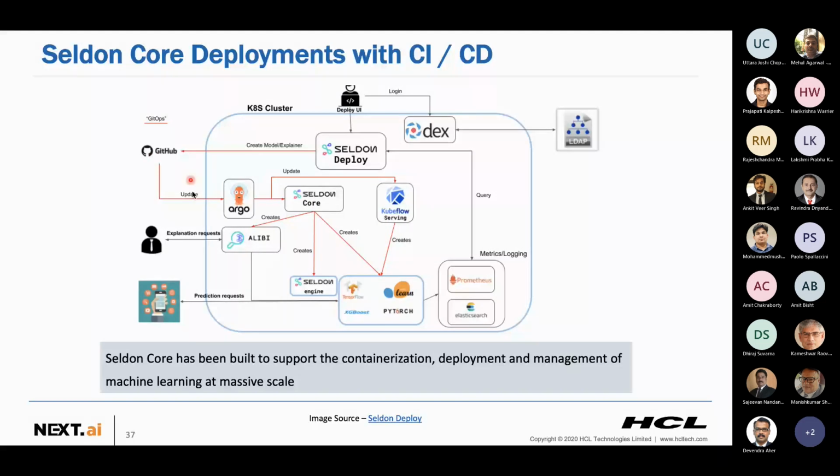This is how the cycle goes: the creation stage, then the deployment stage, and the continuous updates. We can also scrape the Seldon metrics and see the request logging or metrics using Prometheus and Grafana, as well as Elasticsearch.